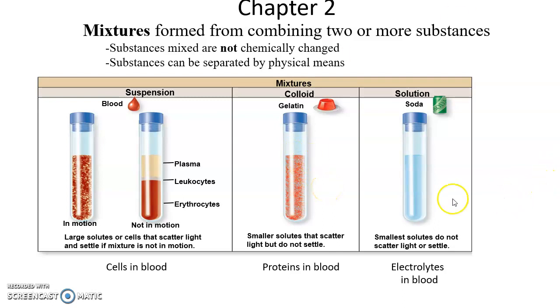And then finally, solutions is when you have solutes dissolved in, and they're small enough that they do not scatter light. So the fluid remains relatively clear, light is not scattered. So electrolytes in the blood don't come out from being put in a centrifuge and don't scatter light.